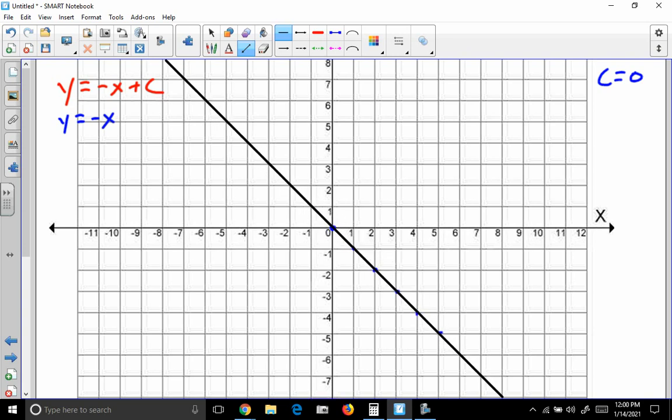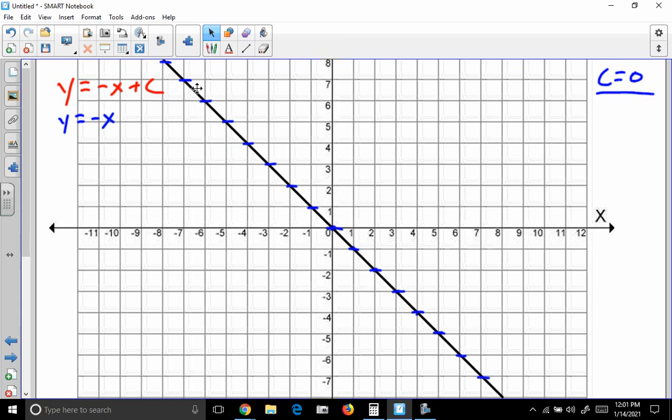But everywhere on this line, the C value is 0. And remember what C stands for. C is the slope. So everywhere on this line, we have a slope of 0. So I'm going to put little dashes that have no slope. So that's the isocline that corresponds to C being 0.